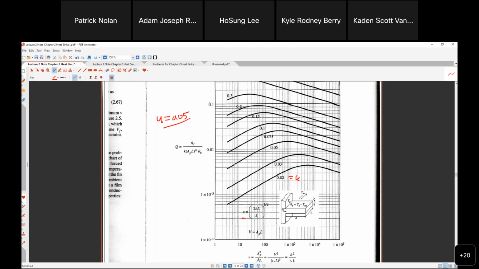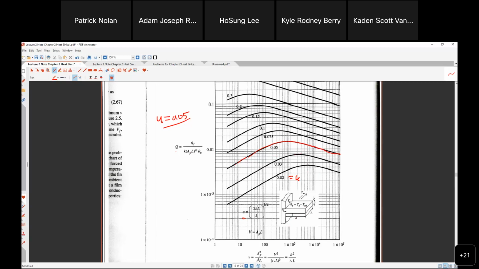I'm looking at this curve. This is the u curve, 0.05. So volume is given, but what is the optimum? The goal of the heat sink is maximum heat transfer through the heat sink.